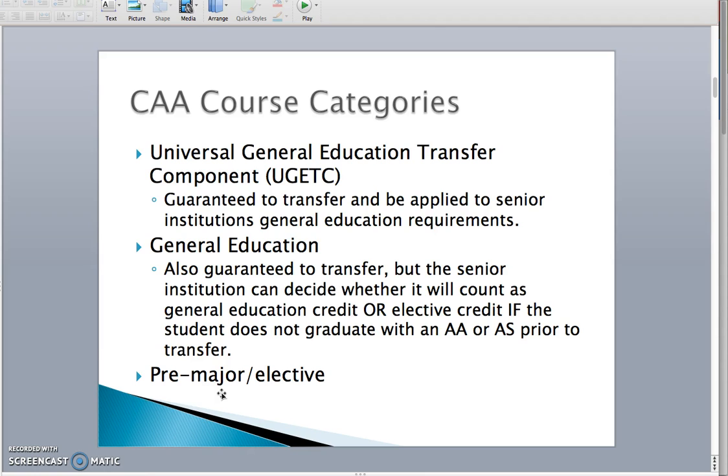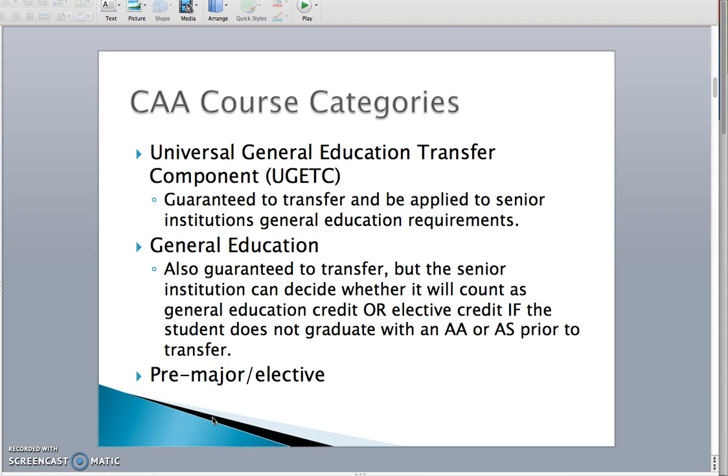So there are three different categories of courses, and we're going to talk about them because it's important to understand what you're looking at and what you're enrolling in, because depending on how you transfer, different rules will apply. So the first is what people say is UGTC, which stands for Universal General Education Transfer Component.